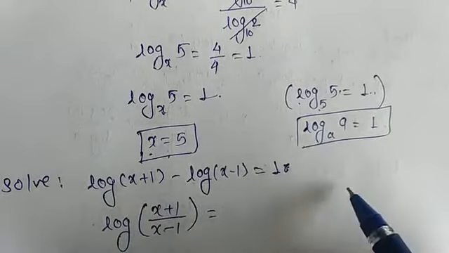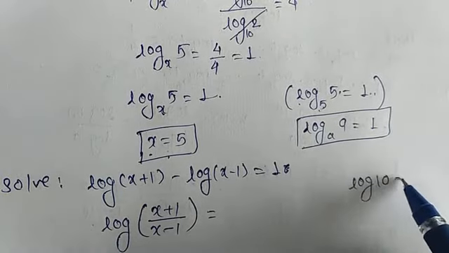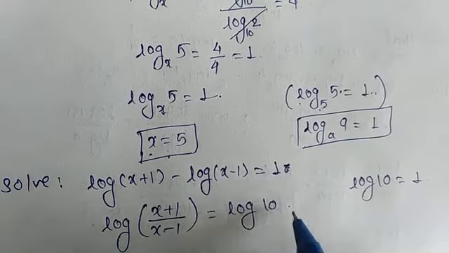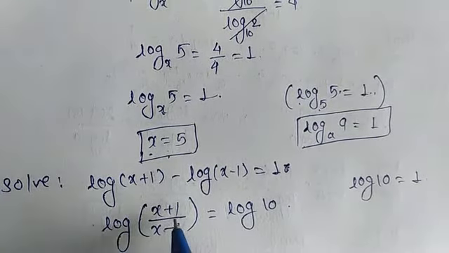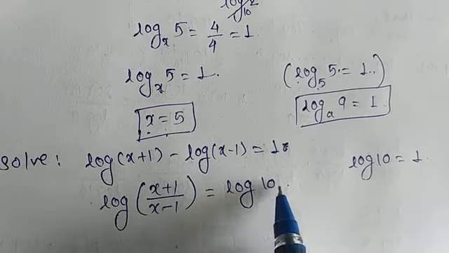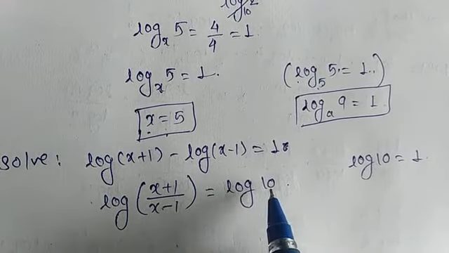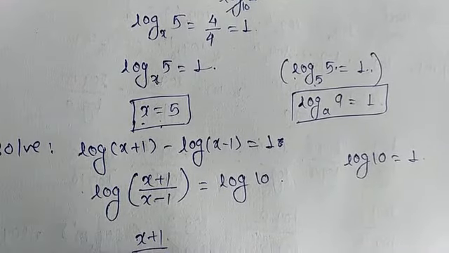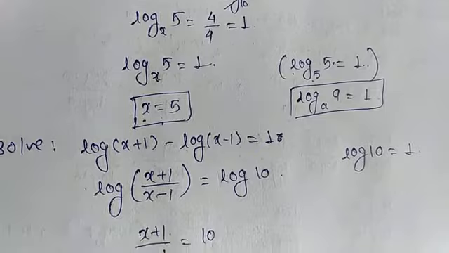So here we write log of 10 is equal to 1, so it can be written as log of (x plus 1) upon (x minus 1) is equal to log 10, so that x plus 1 upon x minus 1 is equal to 10. We have to find x.